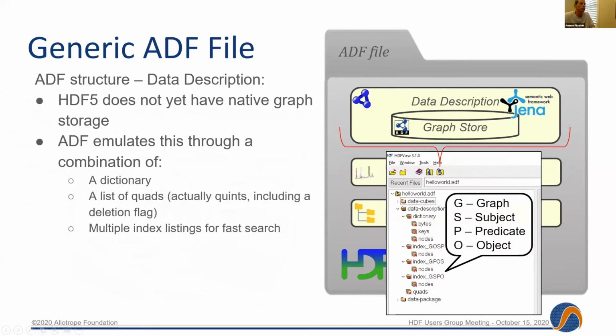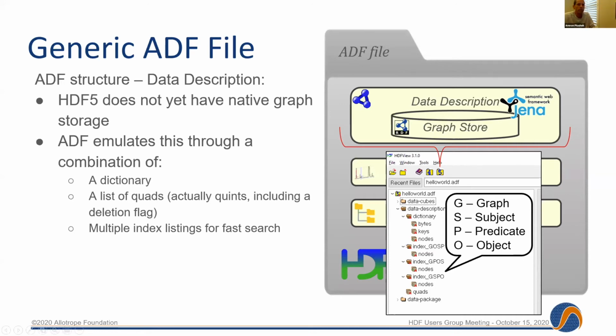In order to store the information in a triple store, HDF5 doesn't yet have any native graph storage. So the ADF emulates this through a combination of a dictionary, a list of quads, actually quints, including a deletion flag, and multiple index listings for fast search.